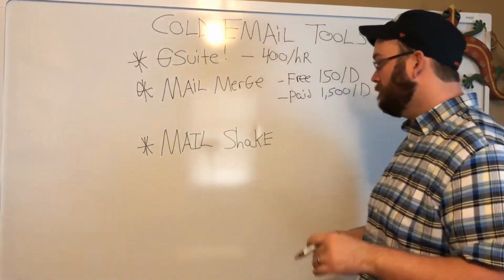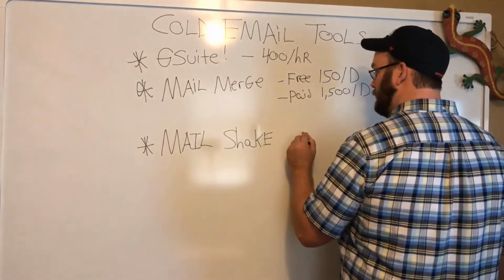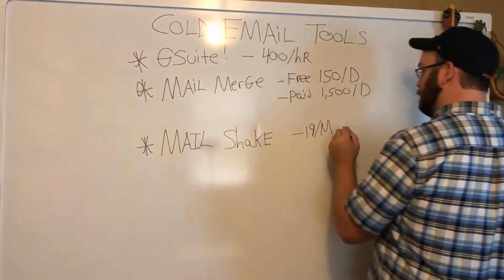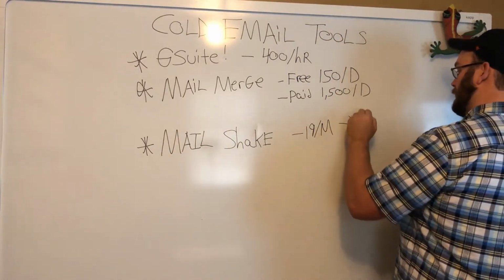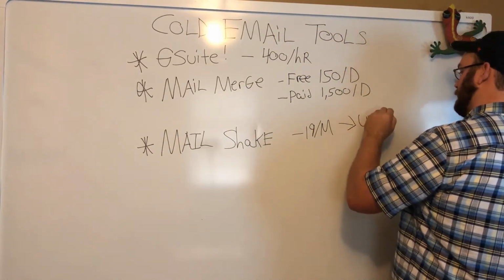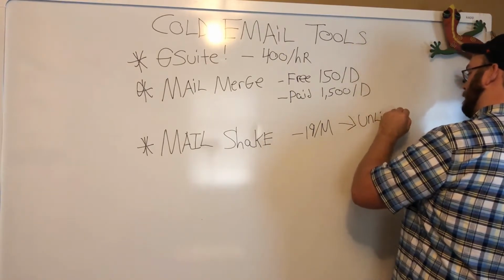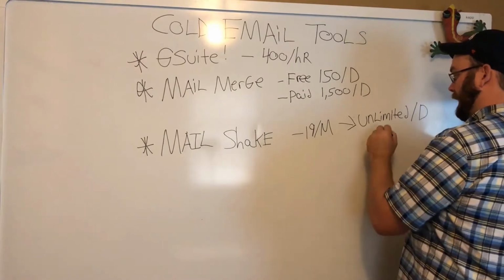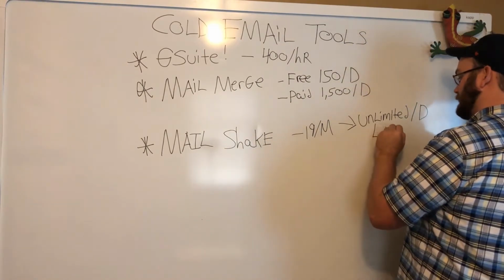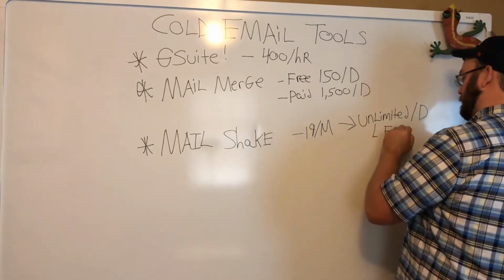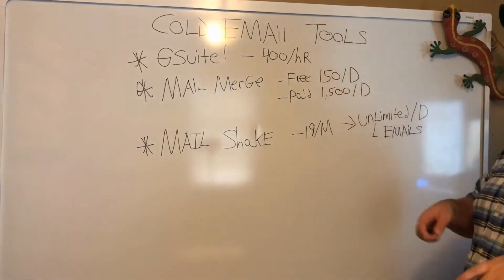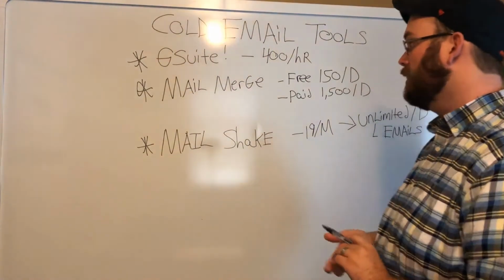Now, Mailshake does not have a free plan. Mailshake is $19 a month, but you can send unlimited. And you can have unlimited email addresses. Okay, so this is how MailMerge and Mailshake stand out.